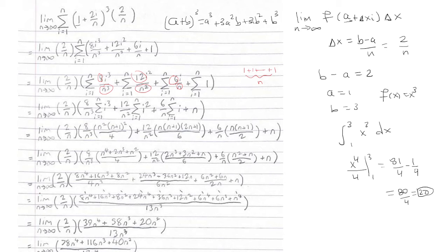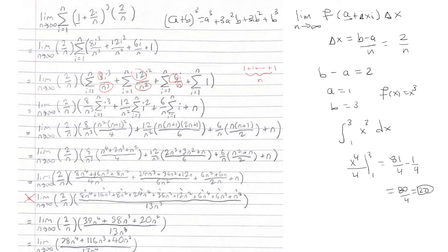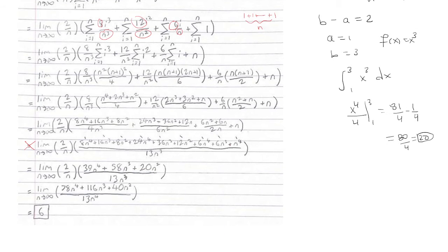Now this is where we run into trouble. This step is wrong. We have 3 fractions with all different denominators, so the goal here is to get a common denominator between them. The denominators are 4n cubed, 6n squared, 2n. You want to find the least common multiple of these.